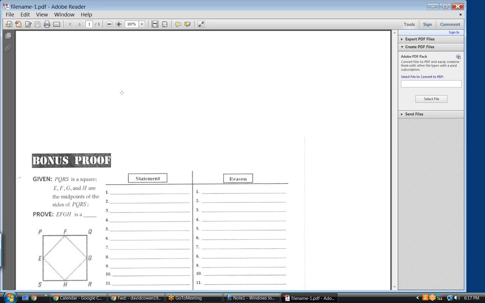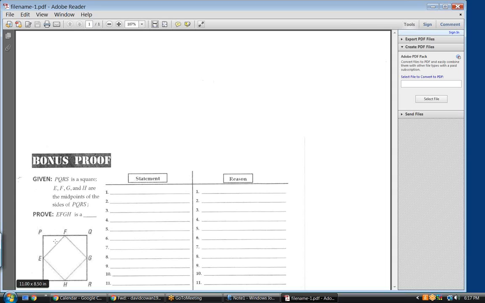Now that I know that PE is equal to PF, and each of these sides of each of these triangles are equal, what kind of triangles are they? Isosceles. Correct. Isosceles has 2 equal sides, so 2 equal angles.